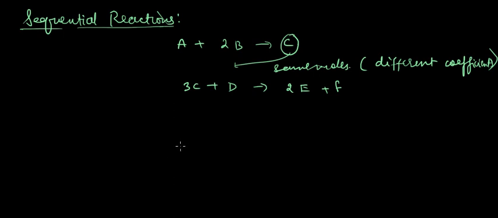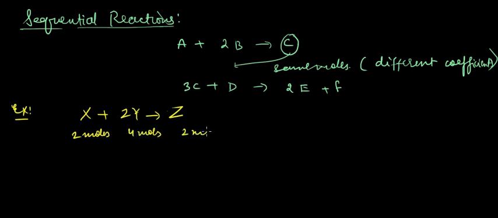Okay, so let's see one of the examples of the same. We have X plus 2Y gives us Z. So this is 2 moles, this is 4 moles, this will give us 2 moles.